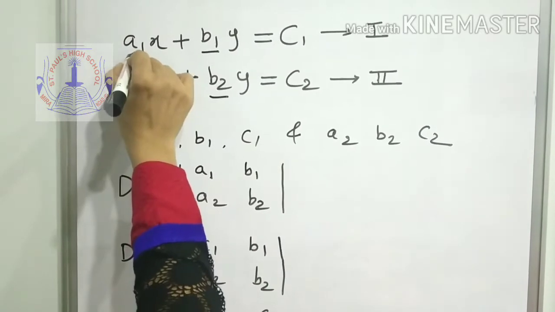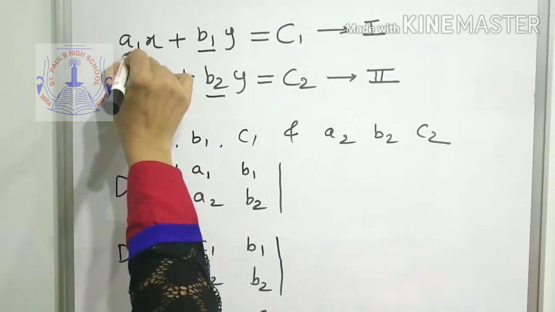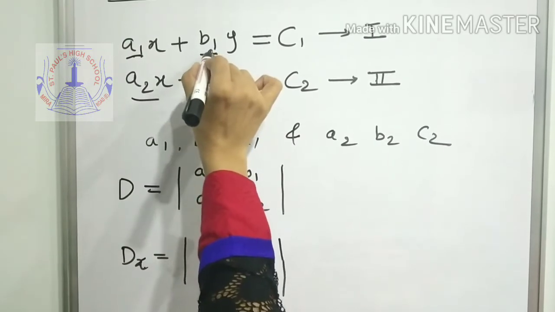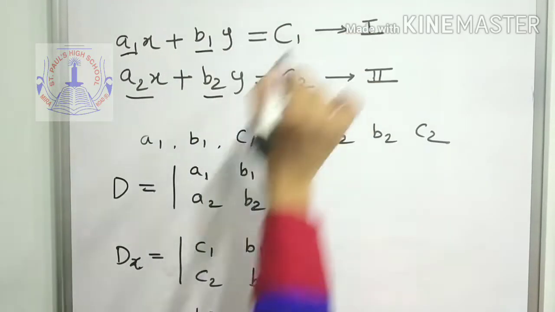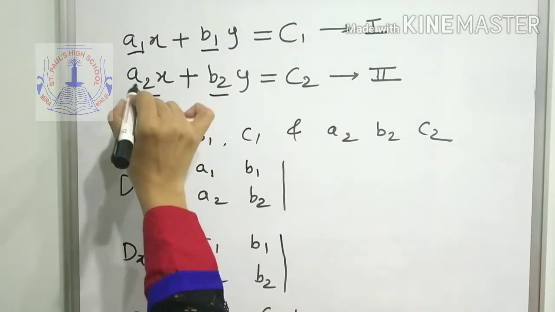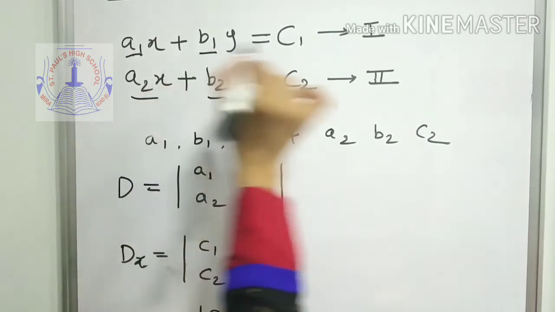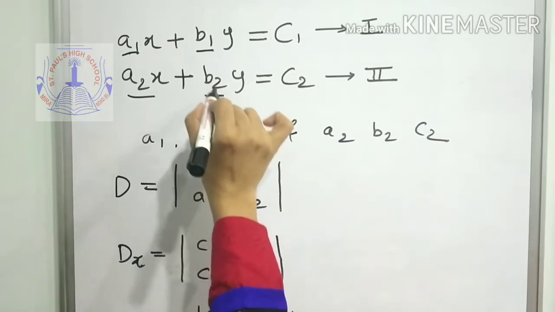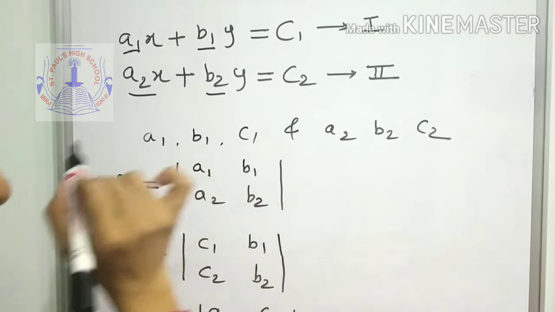What is a1? a1 is the coefficient of variable x in the first equation. What is b1? Coefficient of variable y in the first equation. What is a2? Coefficient of variable x in the second equation. What is b2? Coefficient of variable y in the second equation.